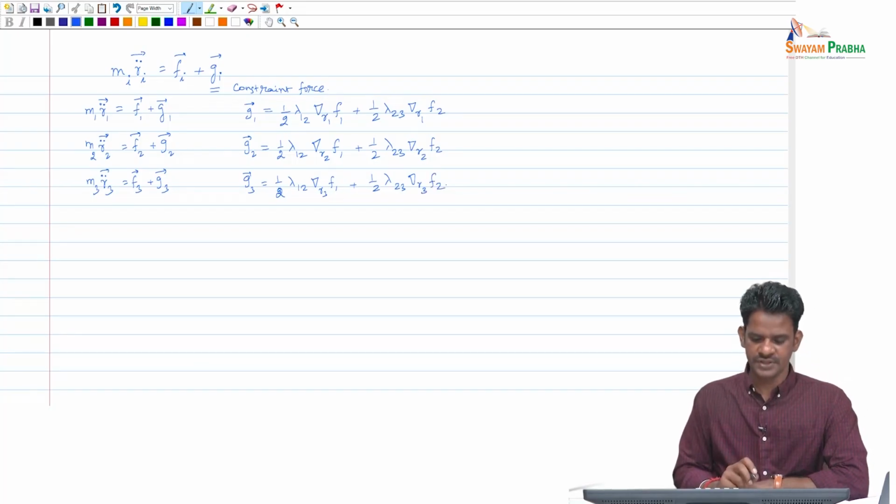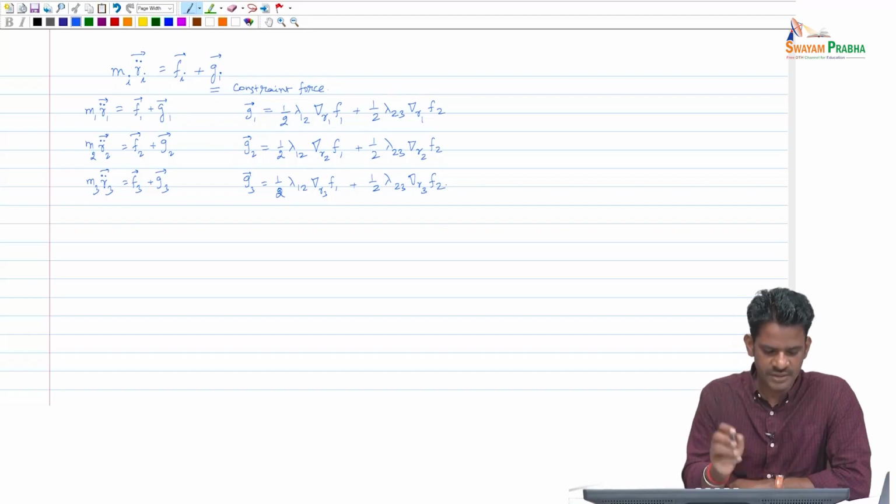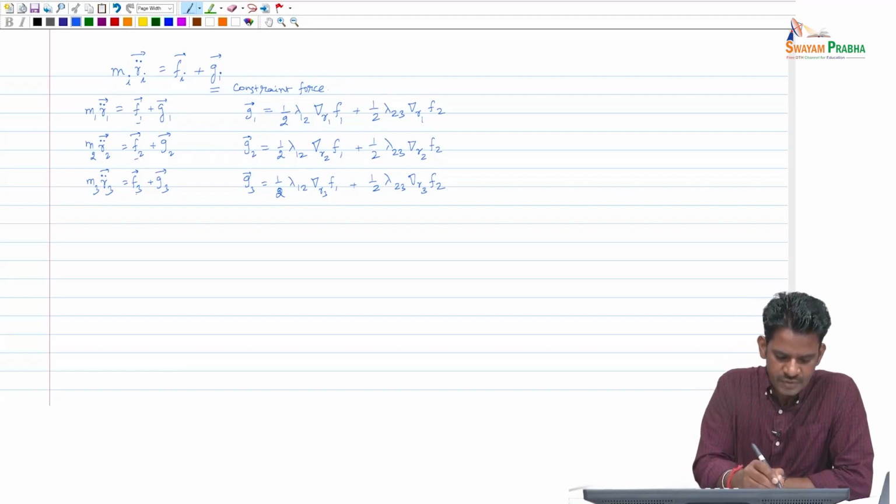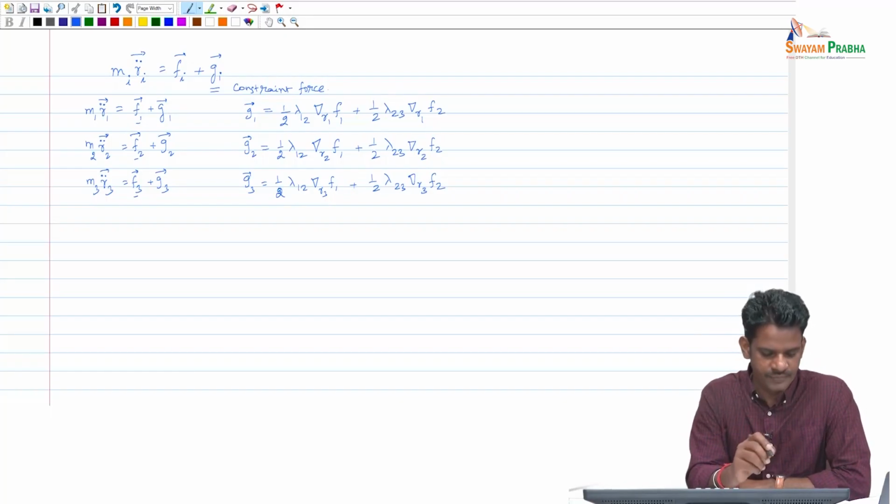So, these are the set of constraints. Now if you look at these equations, we can get the forces from the intermolecular interactions the way we usually do, and mass we know, and then we can integrate this.